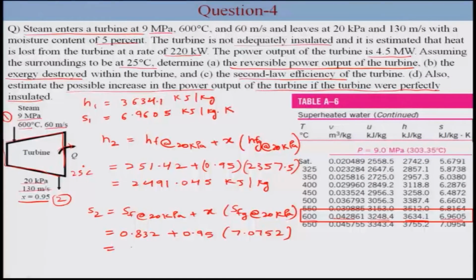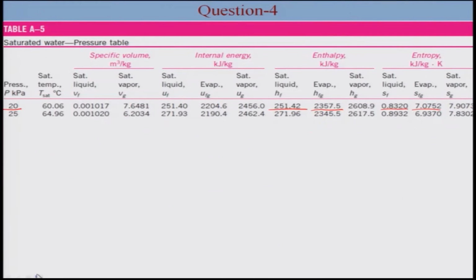So s2 comes out to be 7.5535 kilojoule per kg Kelvin. Calculating the enthalpy at the dead state, T0 is equal to 25 degrees Celsius and x is equal to 0.